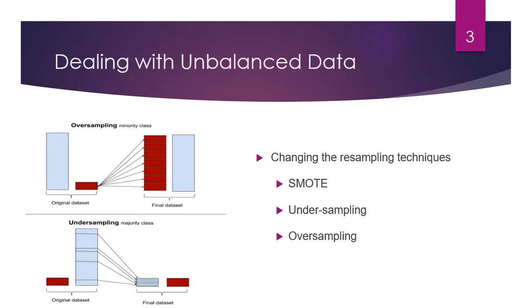Undersampling downsizes the majority class by removing observations until our dataset gets balanced. It can be a good choice when we have a large dataset, but the drawback of this method is that we might lose potential information.